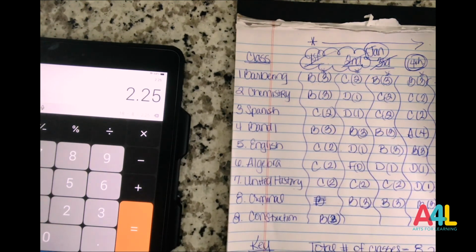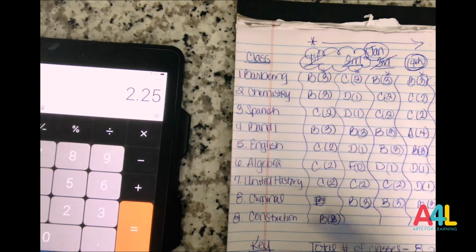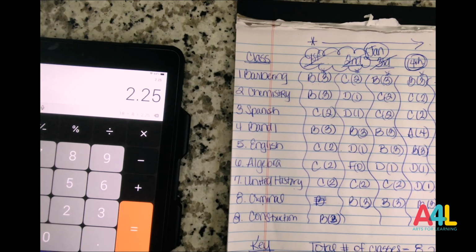This is a quick lesson or activity on how to properly calculate your GPA. Why? Because your GPA matters. Every year the goal is so that you can end up with the GPA that you want by the end of your junior year, so that way when it's time your senior year by October or November, the GPA that you use is a GPA that you're really proud of to apply to colleges and for scholarships.